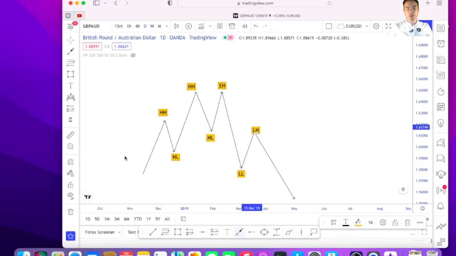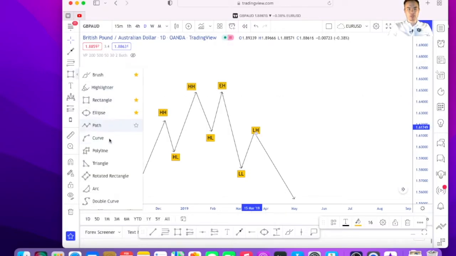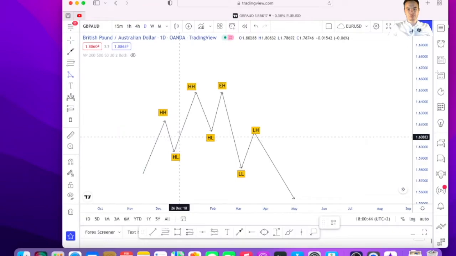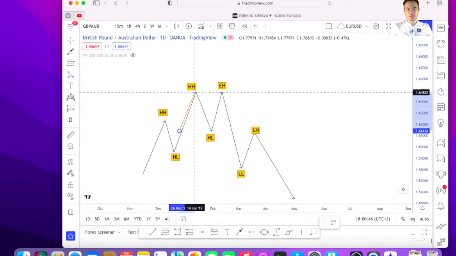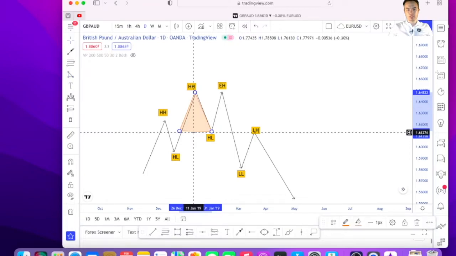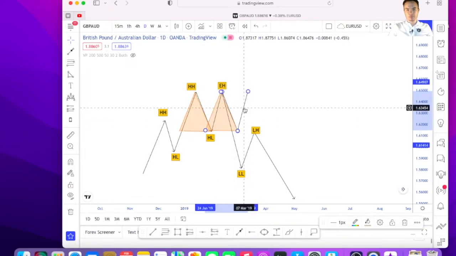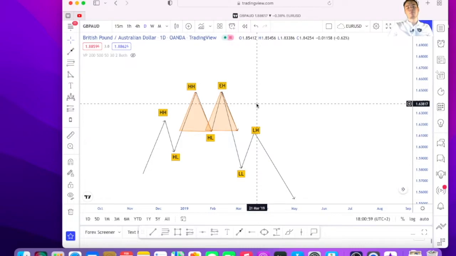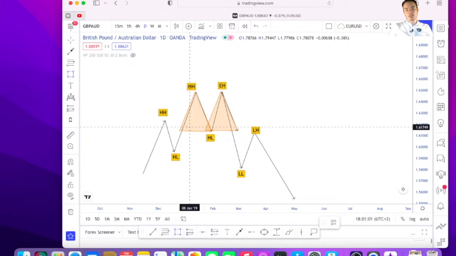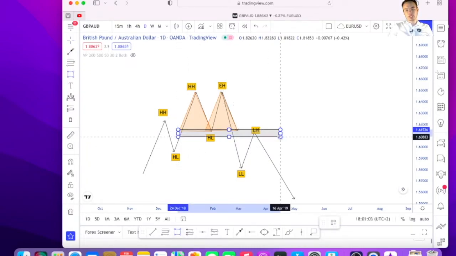So as you can see here, this here is your double top. This is your neckline.